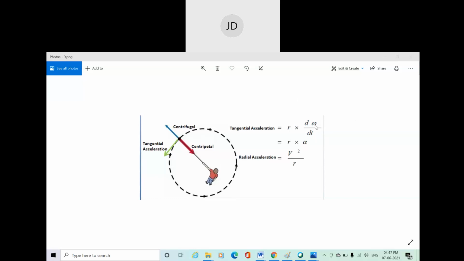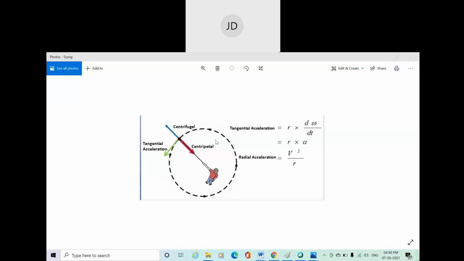Change in angular velocity with respect to time, multiplied by the radius, gives the tangential acceleration. And along the direction of the center, it will be your radial acceleration, which is denoted by v square by r. This is basic physics about circular movement.